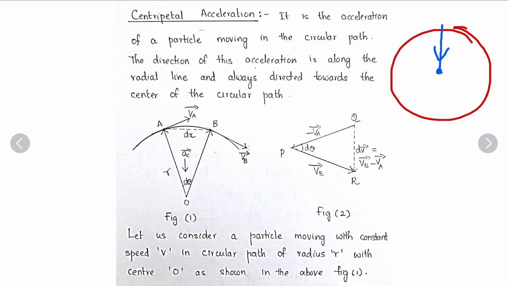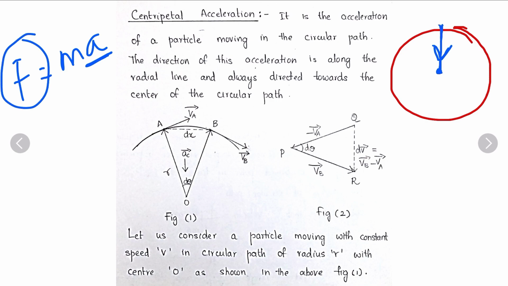And every force is mass multiplied with acceleration. That means F is equal to ma, we all know that, where a is the acceleration. The force which is pulling the object towards the center is called centripetal force, and the acceleration towards the center is called the centripetal acceleration.